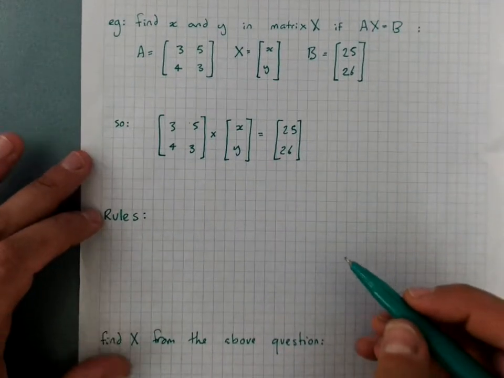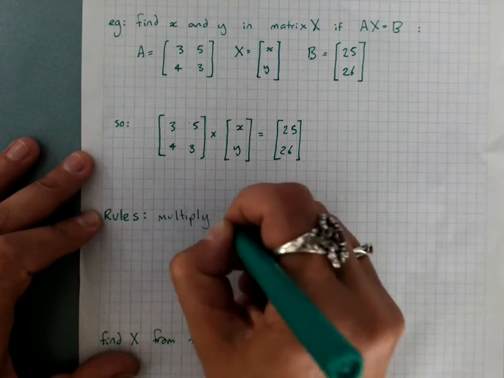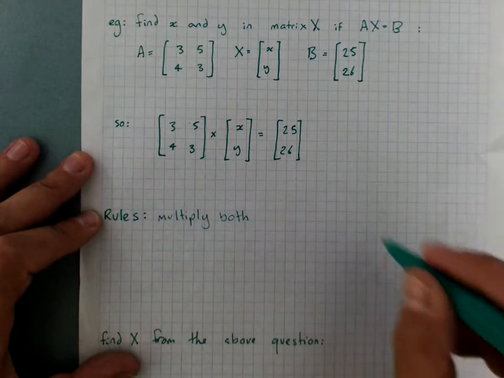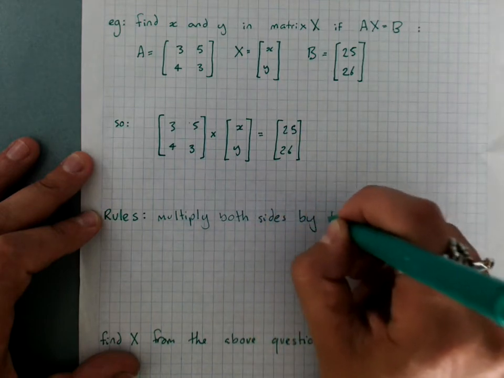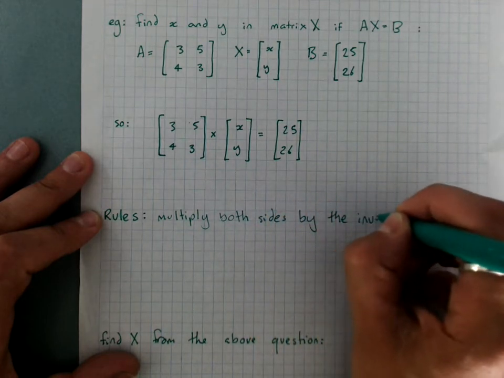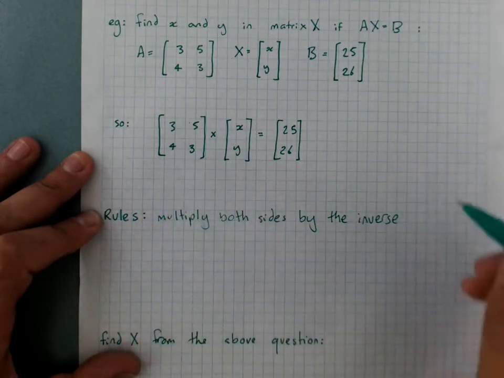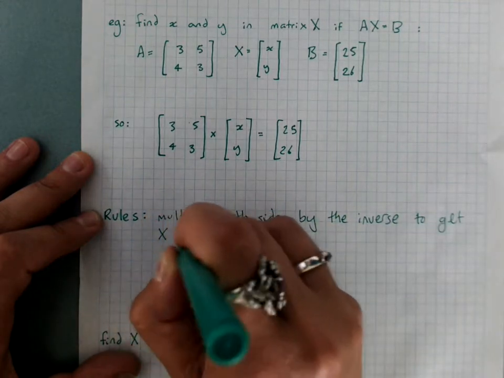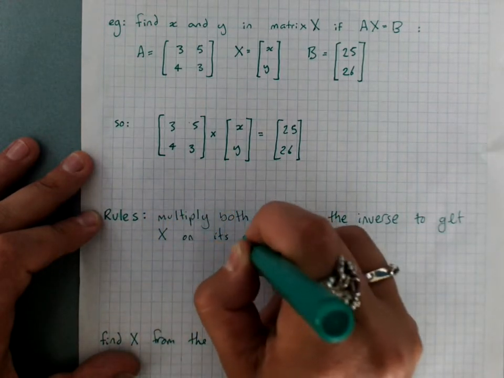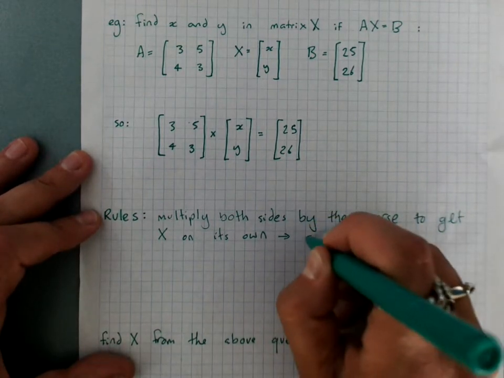So the rule is: multiply both sides by the inverse of the matrix that's hanging out with the unknown to get x on its own. And then, of course, we calculate.